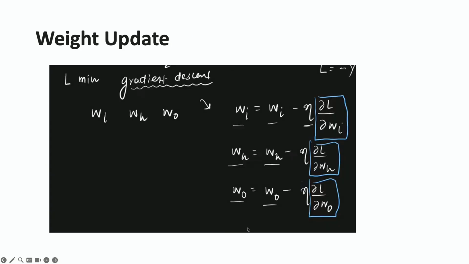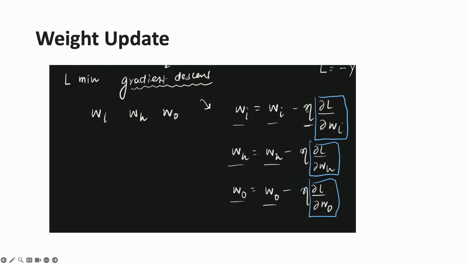Here we also update weights. During the backpropagation process, we have different weights: input weights, the hidden state weights with the self loop, and the output weights. All of these weights are updated.